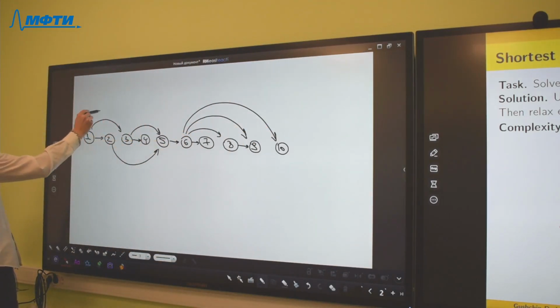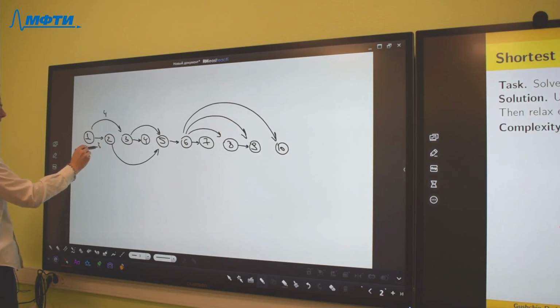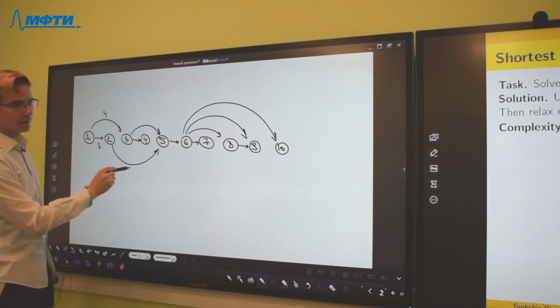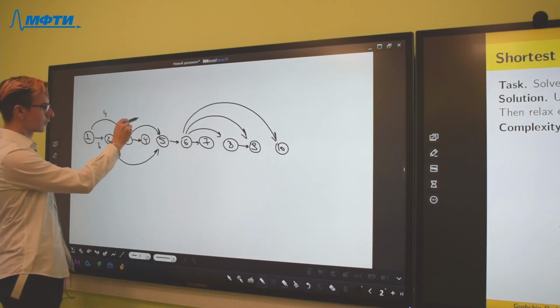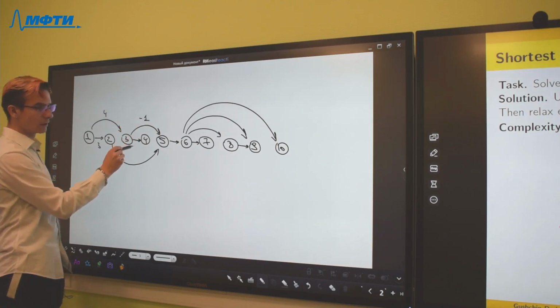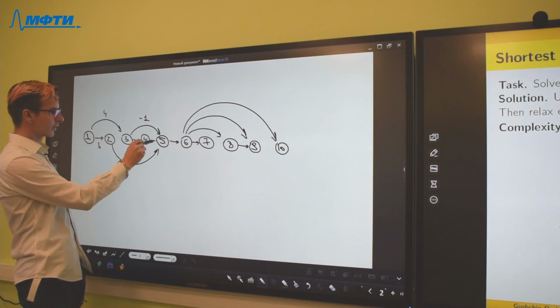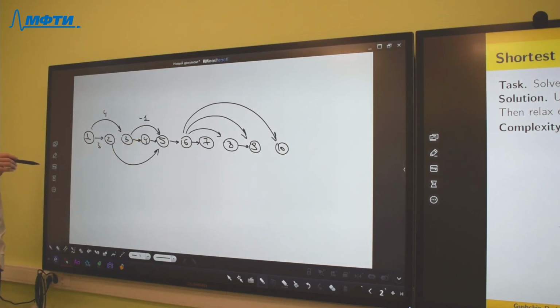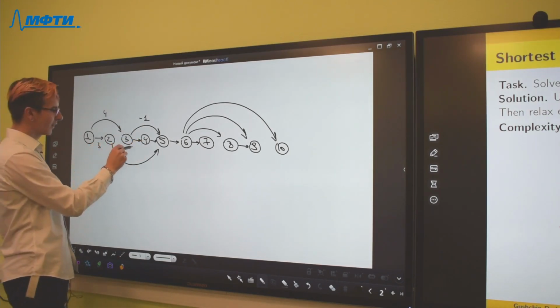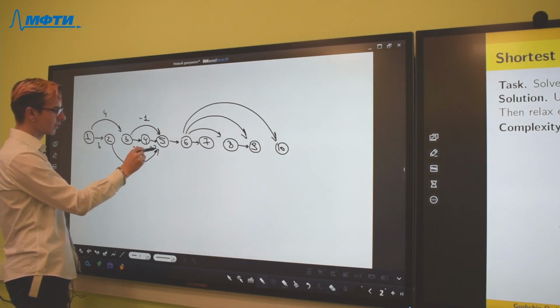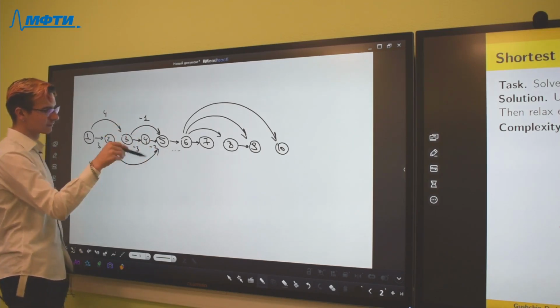It's equal to 4, 3. Then it's equal to -1. We have this edge, -3, -2, etc.